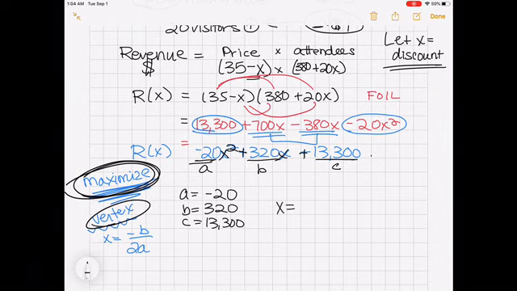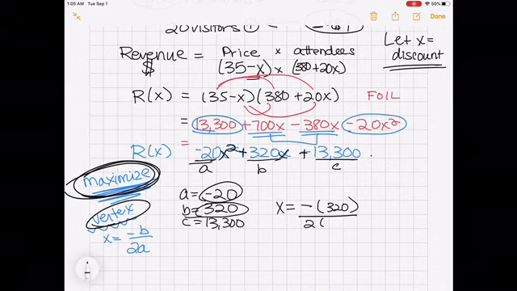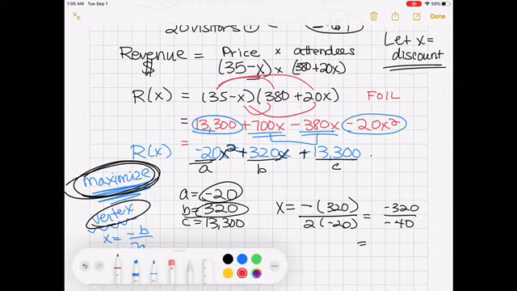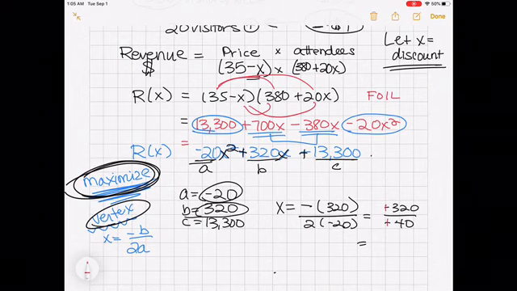So here we go. The x value of the vertex is negative b all over 2 times a. So we've got negative 320 divided by negative 40. Well, we know a negative divided by a negative is a positive. We can cancel out these zeros because they both divide by 10.